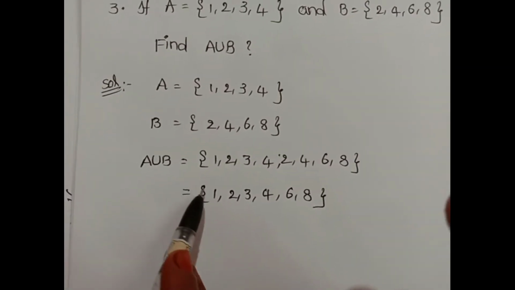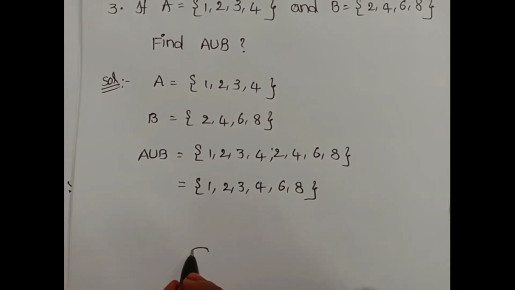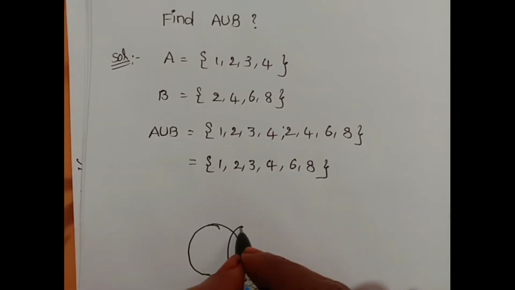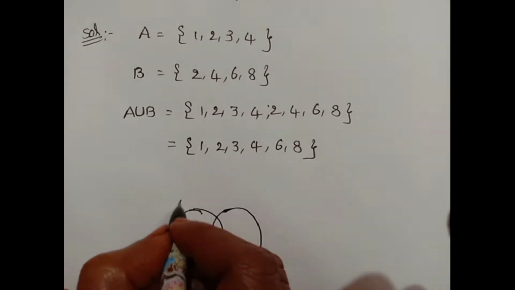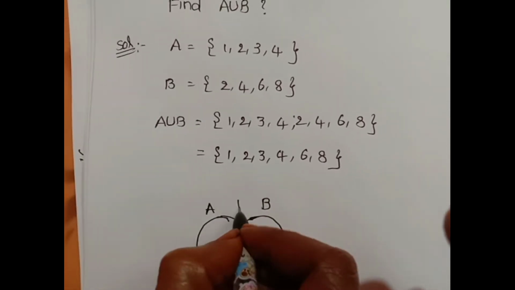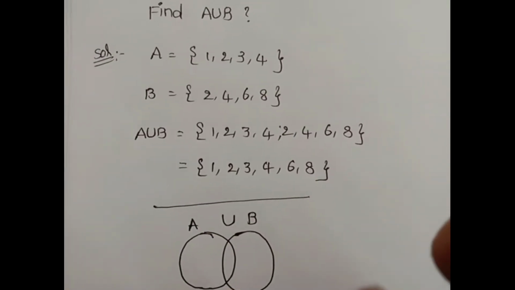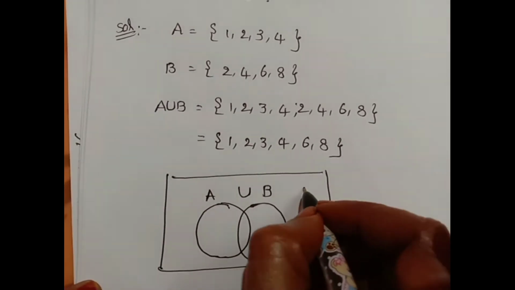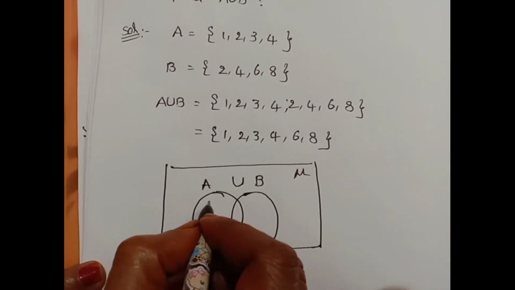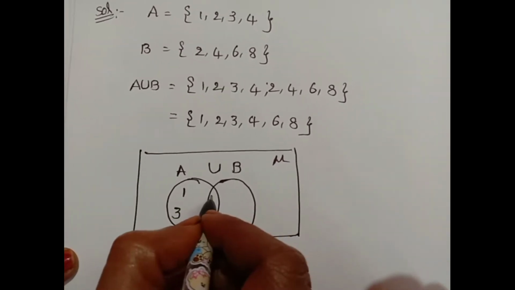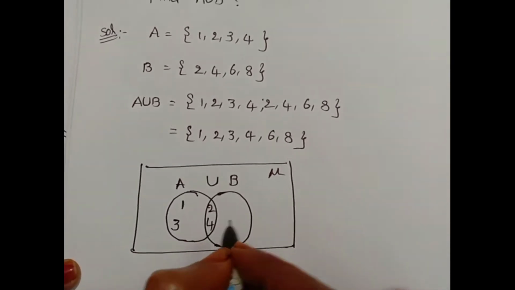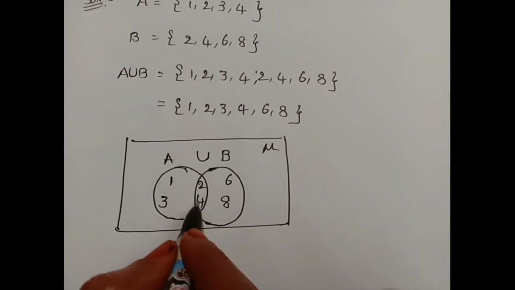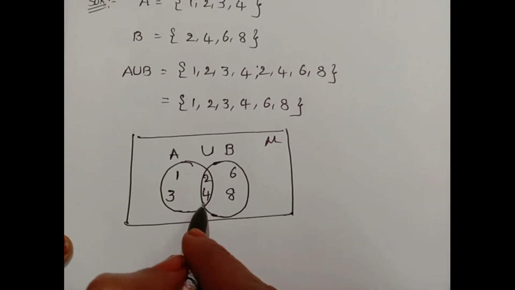Venn diagram of this problem. A, B, union: 1, 3, 2, 4, 6, 8. 2 and 4 are repeated elements.